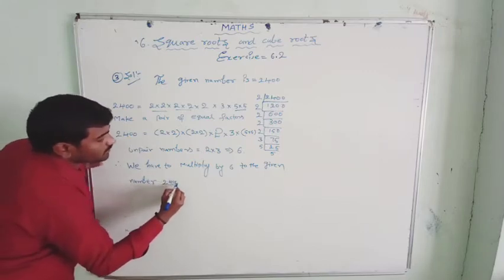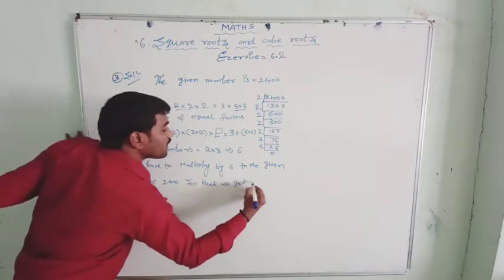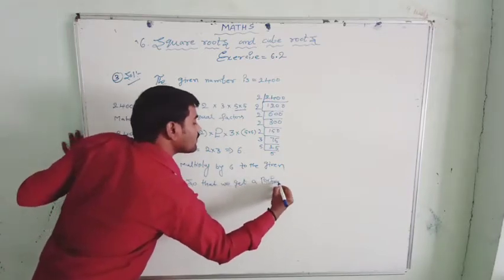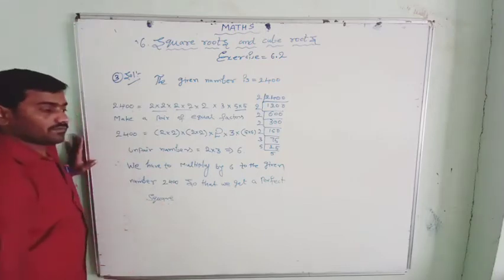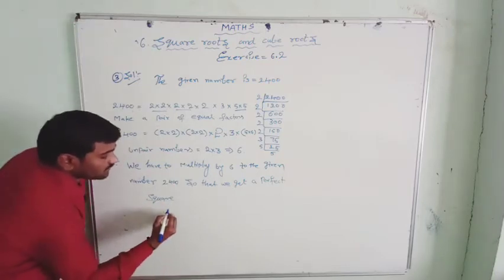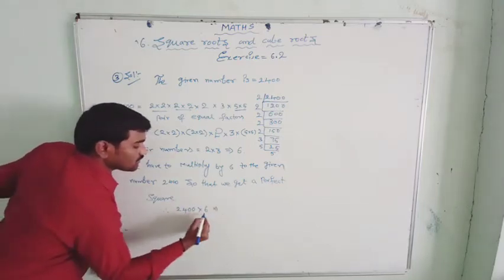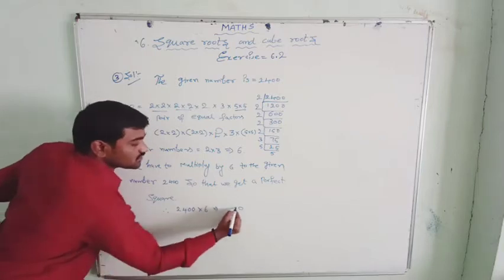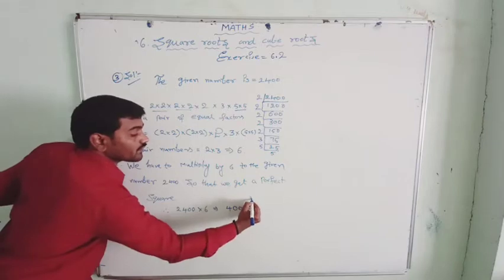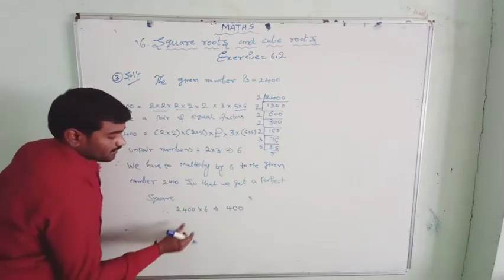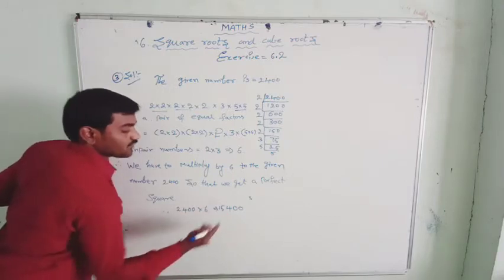2400 so that we get a perfect square. Therefore, the perfect square is 2400 into 6, which equals 14,400. Wait, 6 into 4 is 24, 3 carry, and 6 twos are 12 plus 3 is 15.